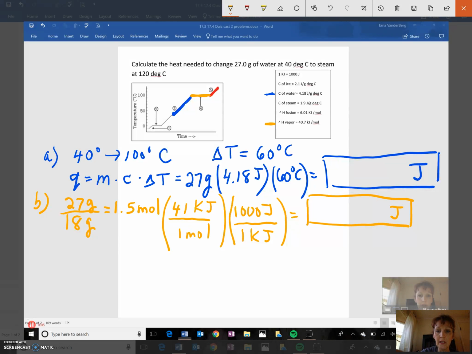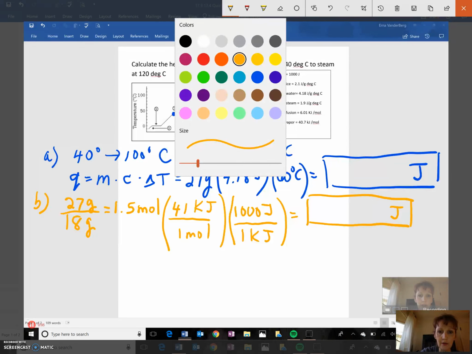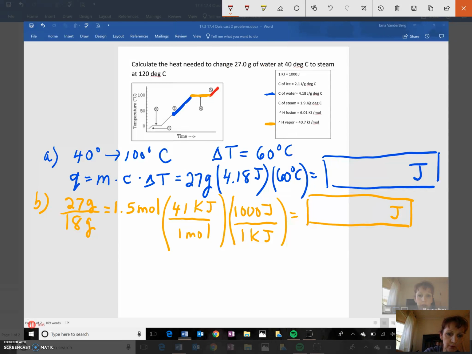Now it's in joules. The last part of the calculation, I'm going to call it C, is where you take steam at 100 degrees Celsius and you superheat it to 120 degrees Celsius. Again, it's a Q calculation. The mass hasn't changed. It's just changed into steam now.